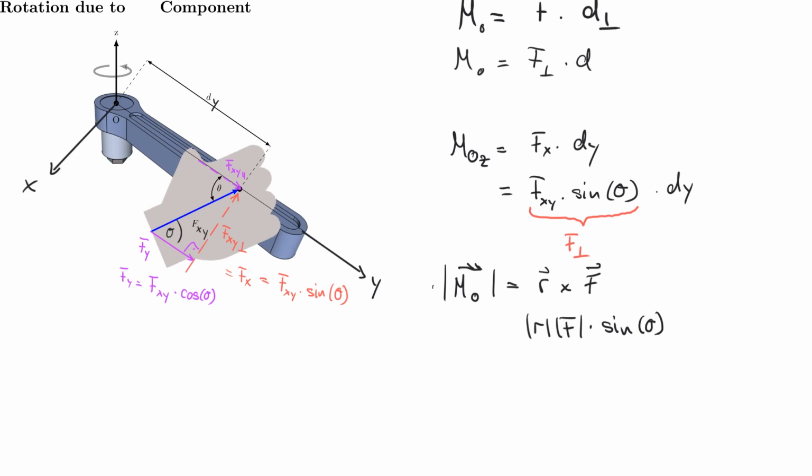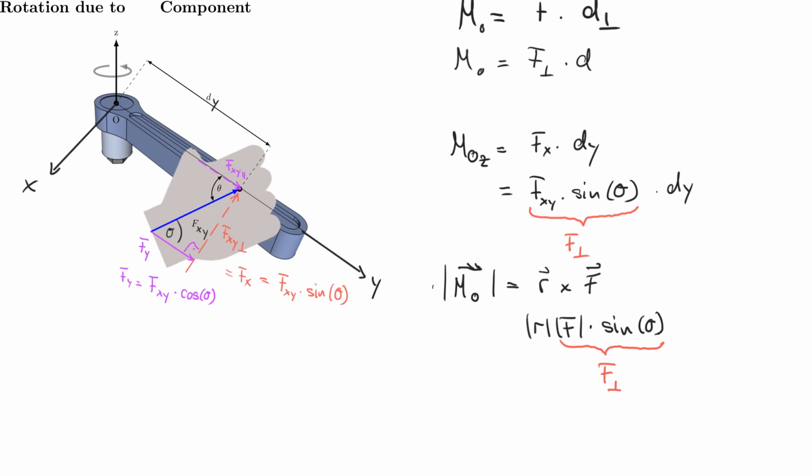And now the question is, why did this work? Of course, you know this already because you follow my logic here. It works because Fxy sine theta has created the perpendicular force. And the lever arm is just r. So what I have done here is turn this into F perpendicular.